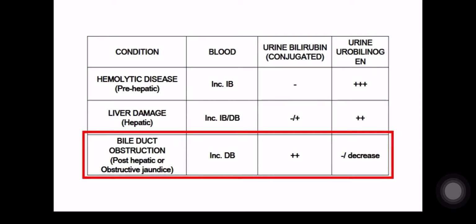Now, for hemolytic disease, sa pre-hepatic phase, increased indirect bilirubin sa blood, negative for urine bilirubin, and positive for urine urobilinogen. And for liver damage, na nasa hepatic phase, that's increased indirect or direct bilirubin, negative urine bilirubin, and positive urobilinogen.